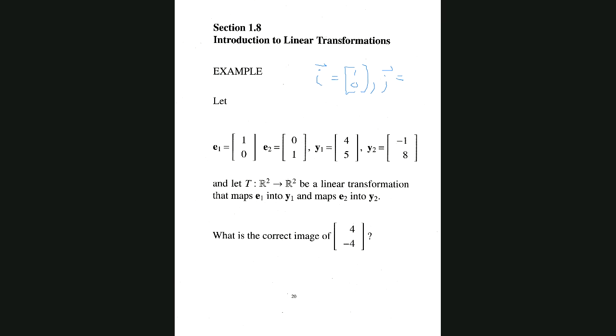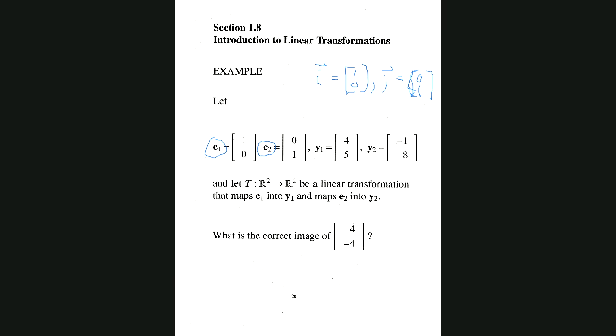Well, in this course, at least for now, rather than use I and J, we use E1 and E2. E1 is the 1, 0 vector, E2 is the 0, 1 vector.